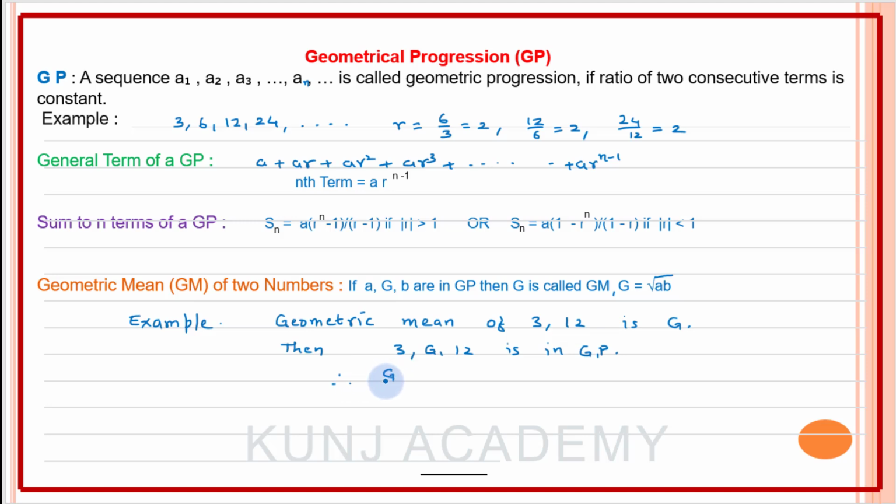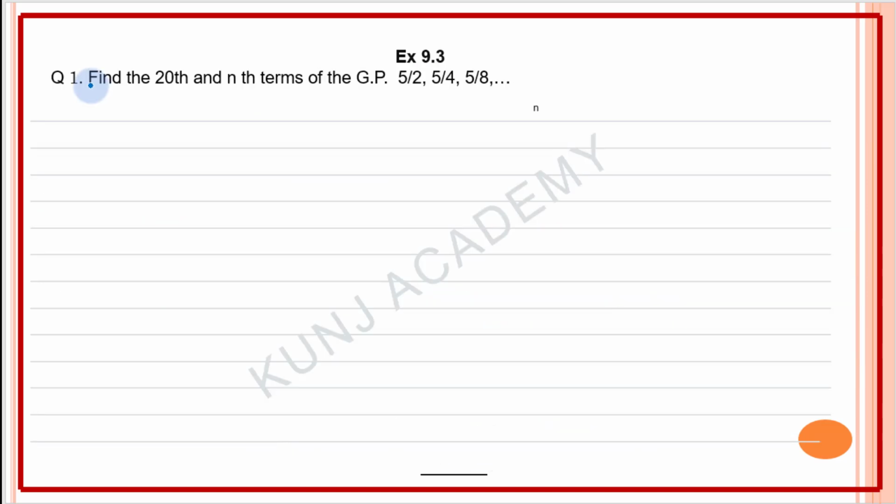Therefore their common ratio is equal: G upon 3 is equal to 12 upon G. Cross multiplication, G square is equal to 3 into 12, or G is equal to under root 36 is equal to 6.